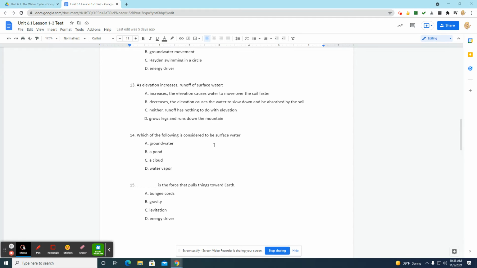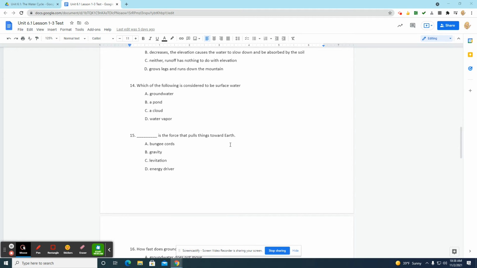All right, moving on to the next one. Number 14. Which of the following is considered to be surface water? Is it groundwater, a pond, a cloud, or water vapor? Which of the following is considered to be surface water? 15.